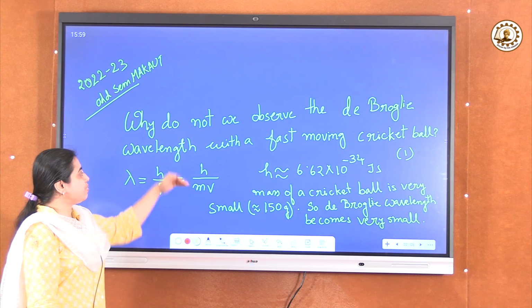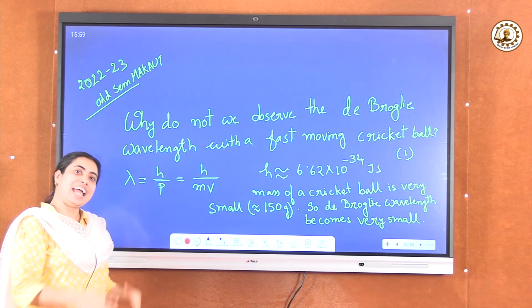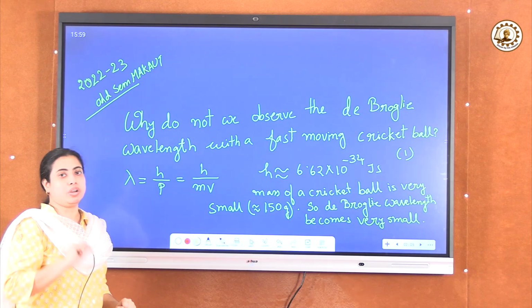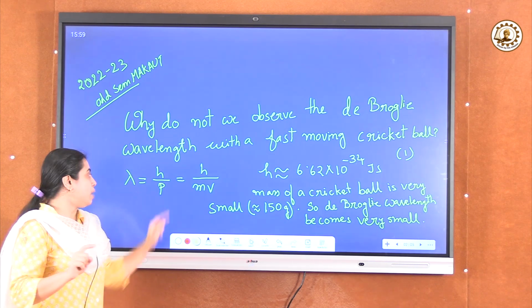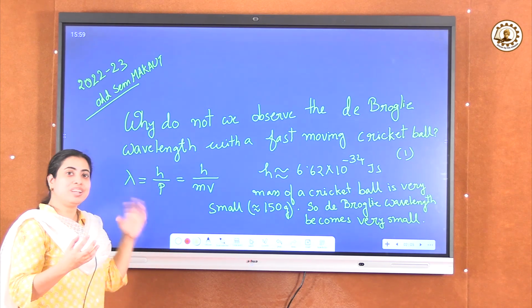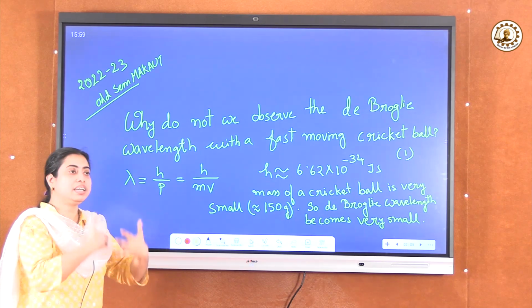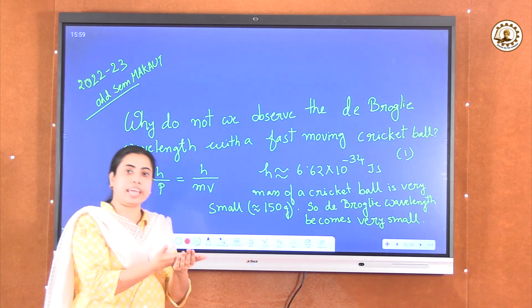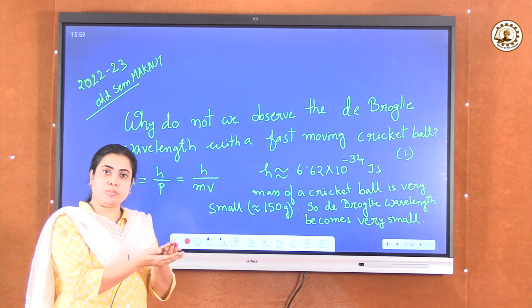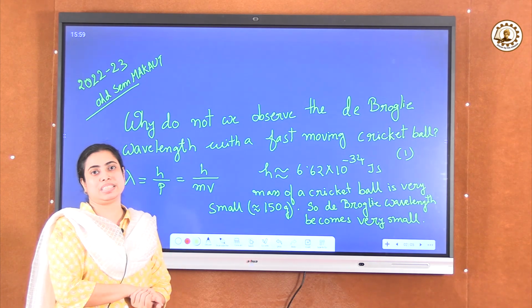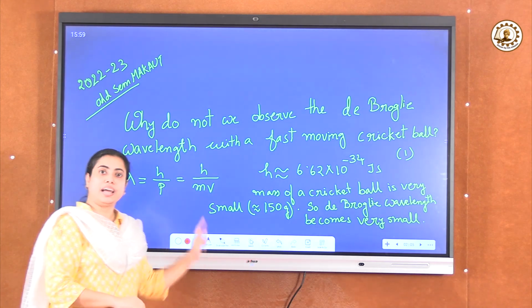So that will balance my numerator, and the value of lambda will be very high in that case, so you will observe it. But if the mass is heavy, like a cricket ball compared to an electron, we cannot observe it. So that is the reason for the answer.